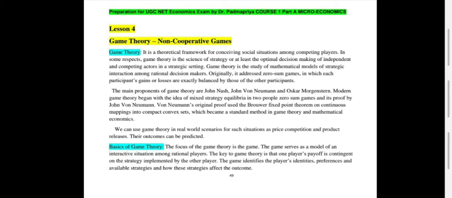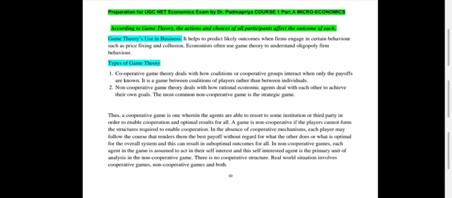The game identifies the players' identities, preferences, and available strategies, and how these strategies affect the outcome. According to game theory, the actions and choices of all participants affect the outcome of each. So this is very important. The game theory says that the actions and choices of all participants affect the outcome of each. So it's not independent, but they are all mutually dependent.